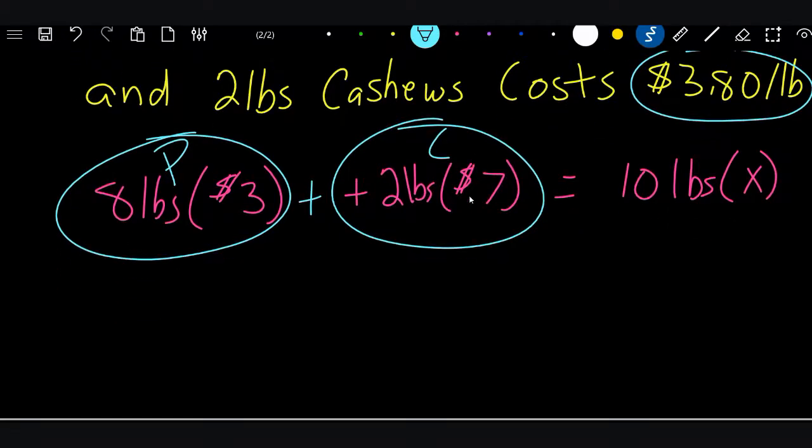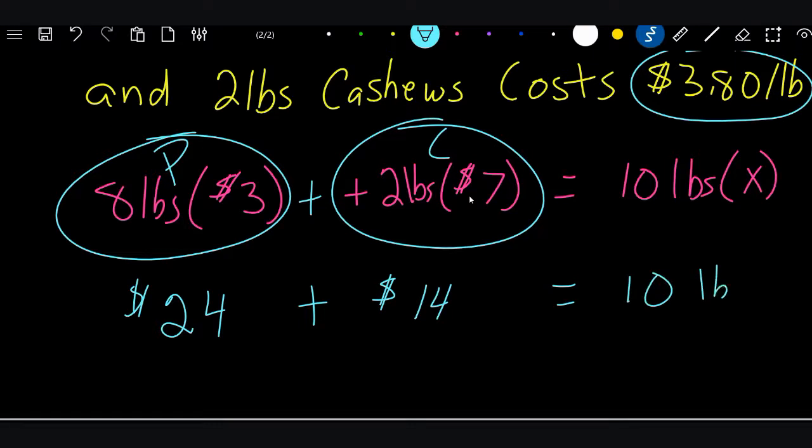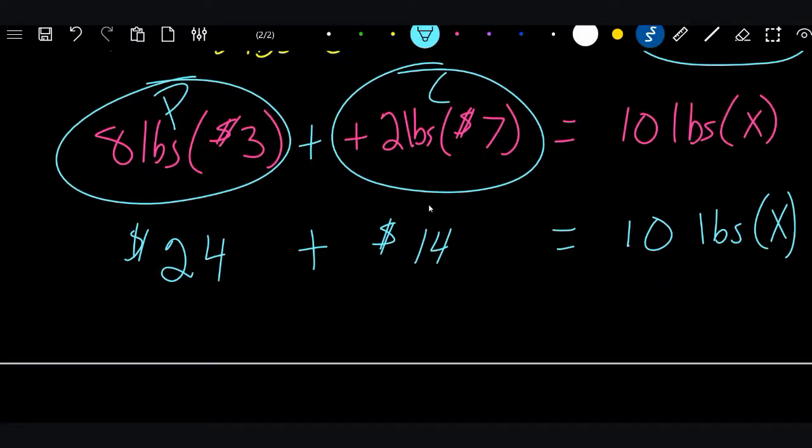And so the peanuts cost what? 24. And the cashews cost what? 14. That's right. And that equaled 10 pounds, or this is our X. This is what we're looking for: how much that 10-pound combo cost.